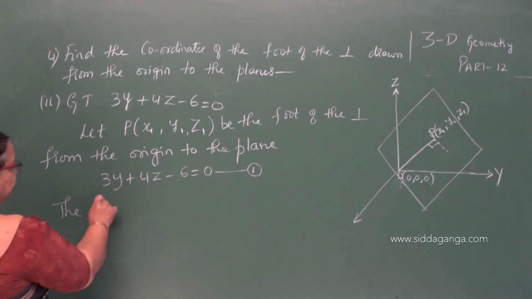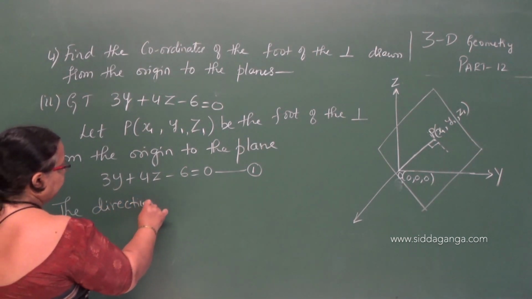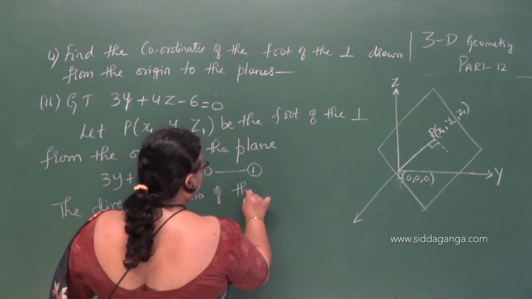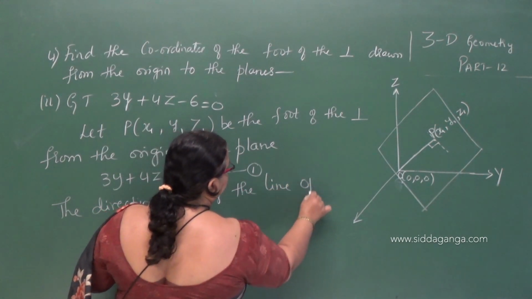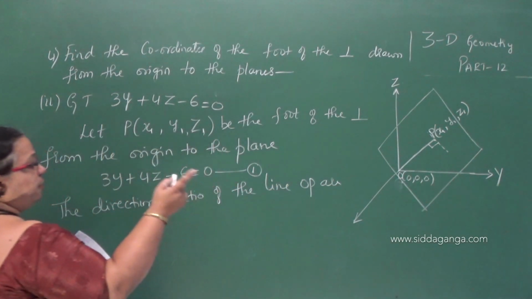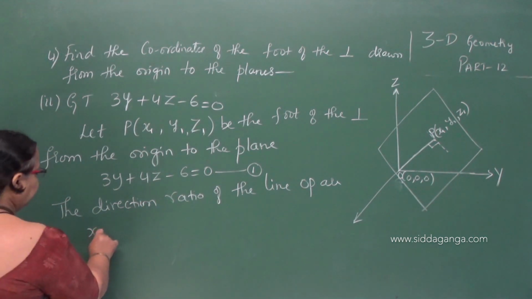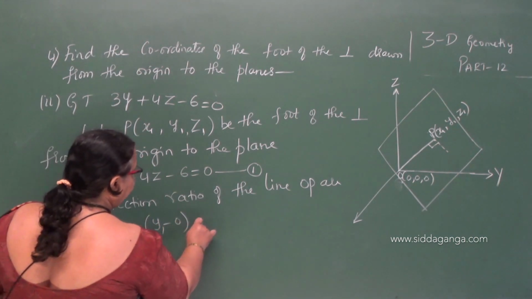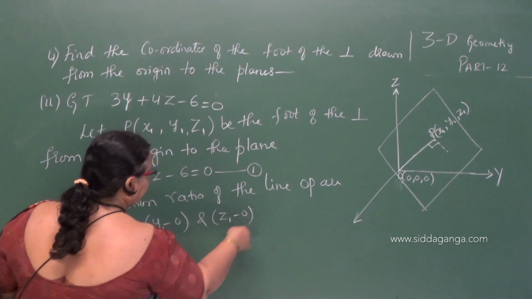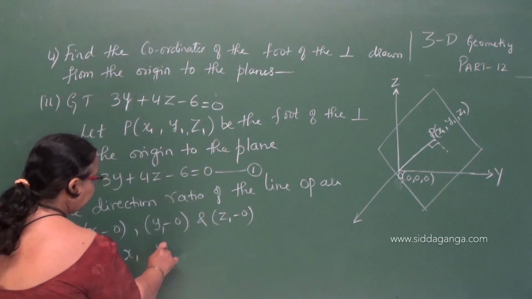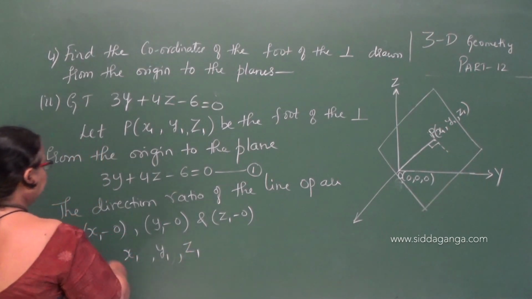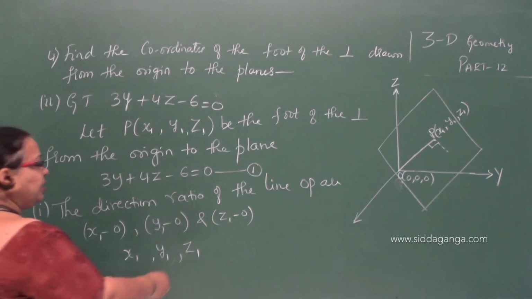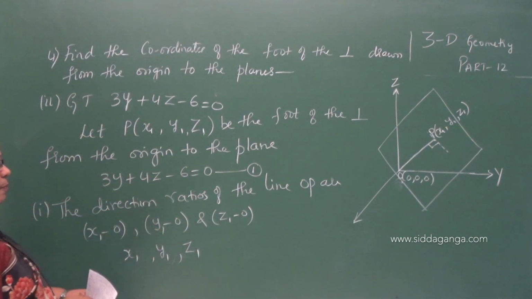The direction ratios of the line OP are x1 minus 0, y1 minus 0 and z1 minus 0. That is x1, y1, z1. So first we always have to write the direction ratios of the line OP.